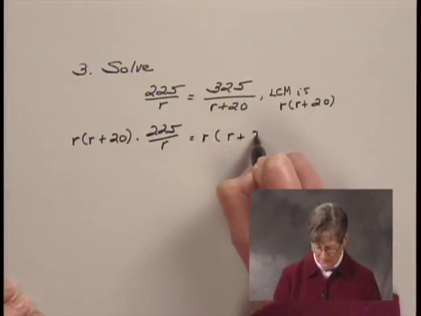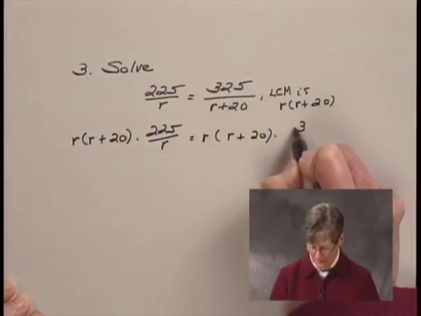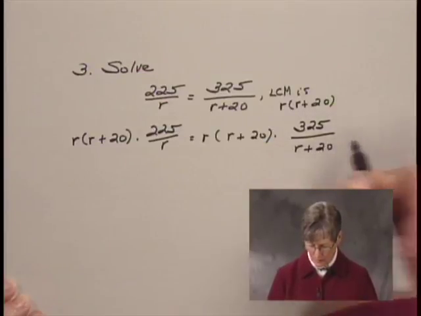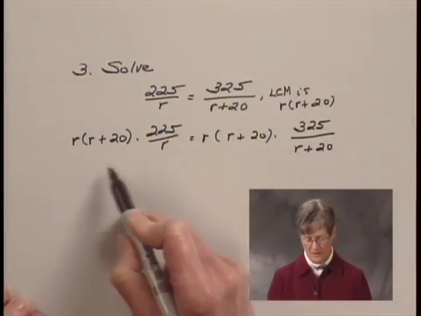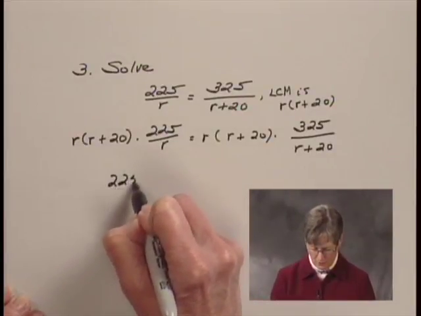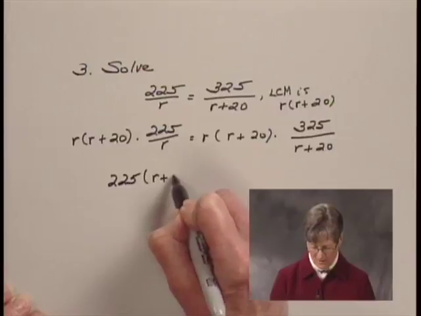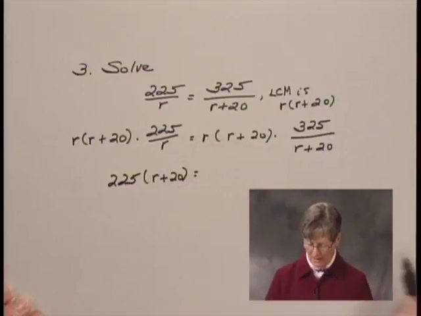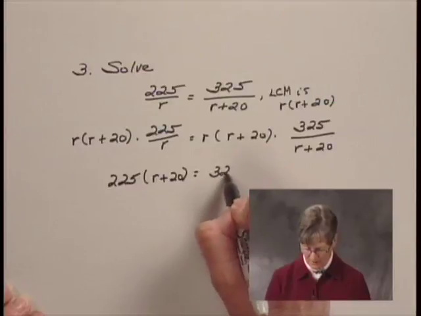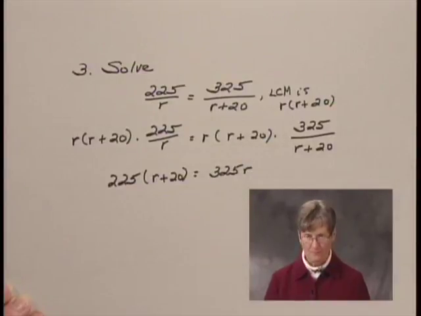Now on the left-hand side, the R's cancel, and I have 225 times the quantity R plus 20. And on the right-hand side, the R plus 20's cancel, and I have 325 R.